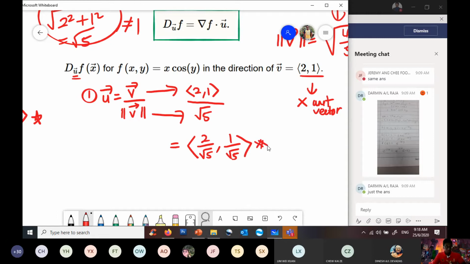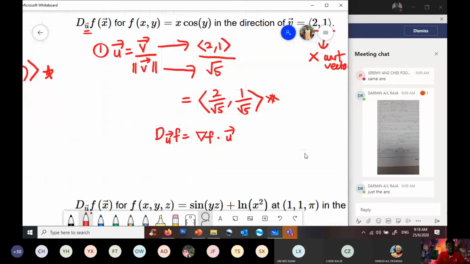Once you find the unit vector, you can use the formula shown here. According to that, the directional derivative in the direction of u is the gradient vector dot product with the unit vector. So I need my gradient vector first. What is my fx?